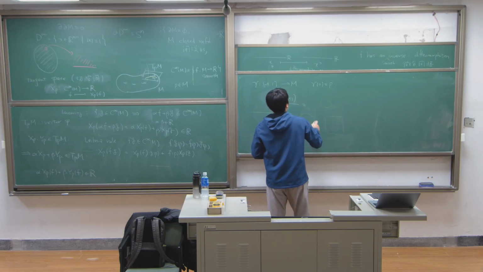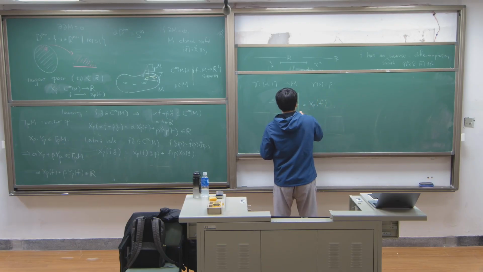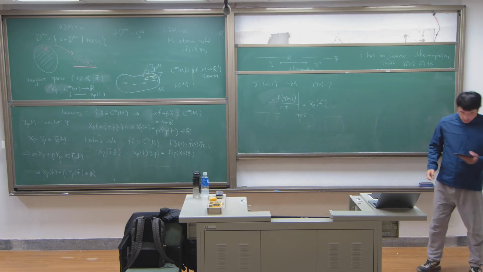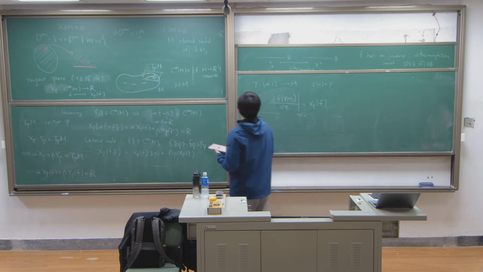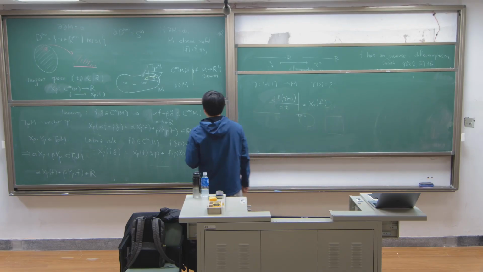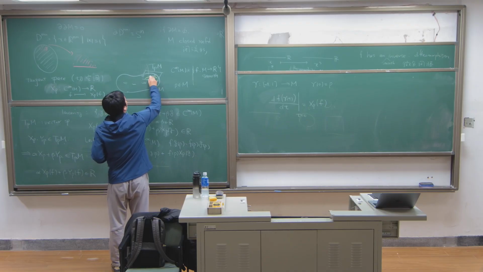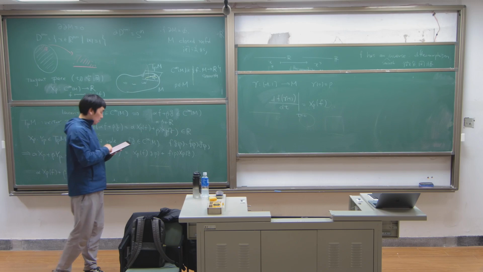This can be understood as Xp of f when t equals 0. So Xp is literally the derivative with respect to t. You can take it like this.